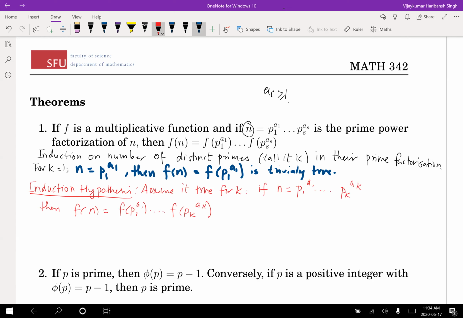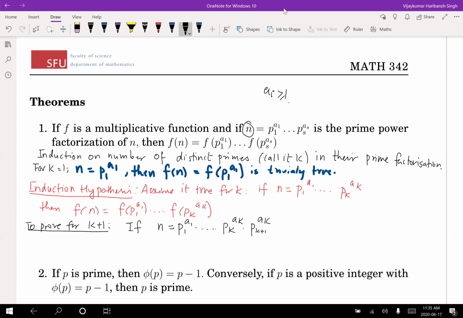So now we need to prove it for k plus 1. This will complete our induction. So if n equals p1 to the power a1 ... pk to the power ak and pk plus 1 to the power ak plus 1, then note that these are primes.